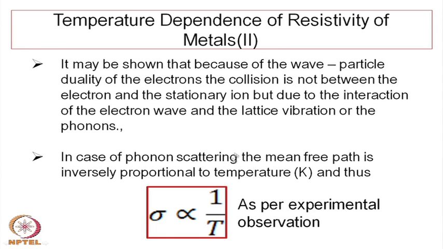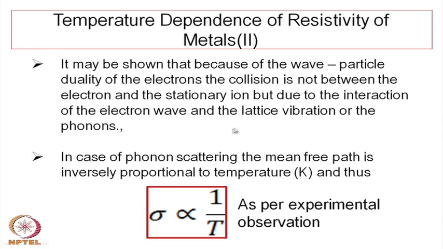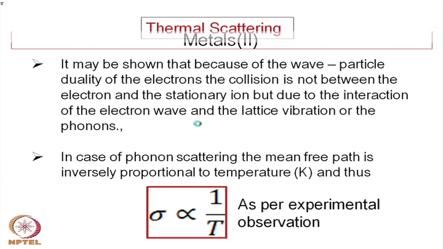So, as far as this particular aspect, the temperature dependence, is concerned, the free electron theory is certainly satisfactory, and one can explain that the conductivity will decrease as a function of temperature, or in other words, the resistivity will increase as a function of temperature. So so far this is useful, but it also has its limitations. We will also see what its limitations are.